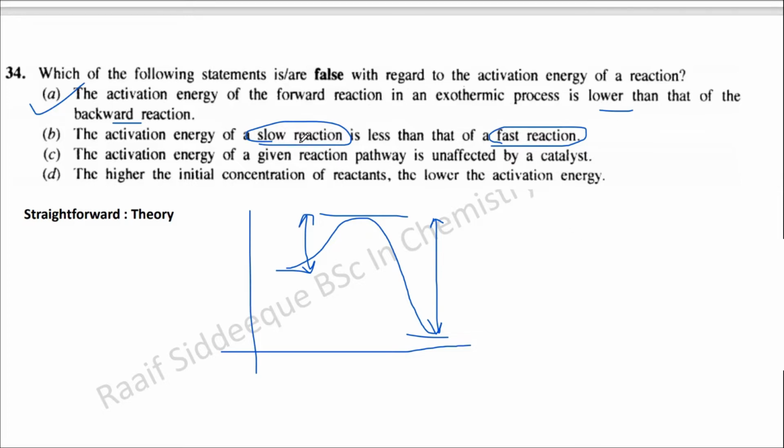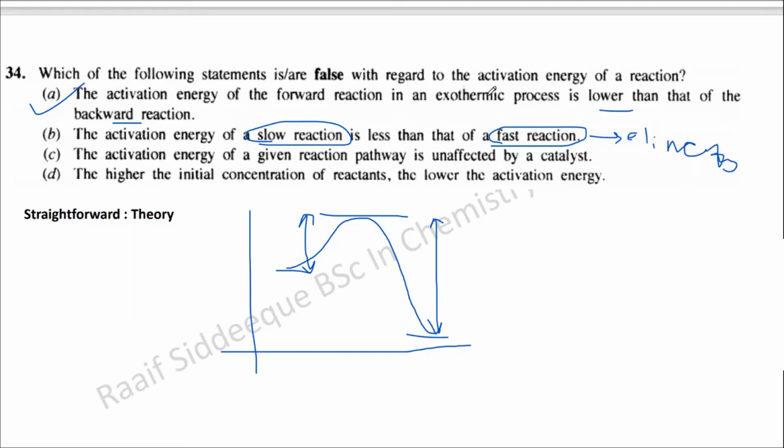Now, normally when you have a slow reaction, yes, it is true that activation energy should be very high. And when you have a fast reaction, the activation energy should be very small. But this is okay when you have a direct elementary reaction, a one-step reaction.